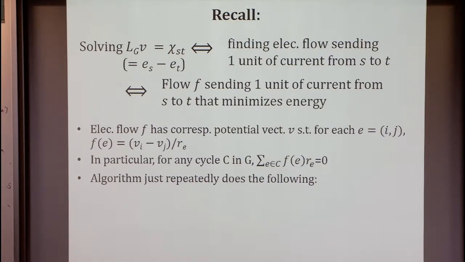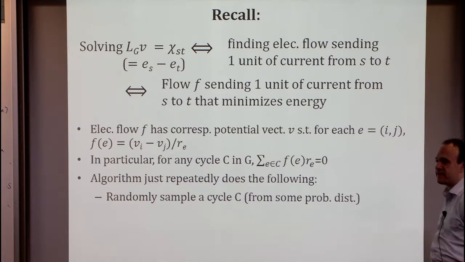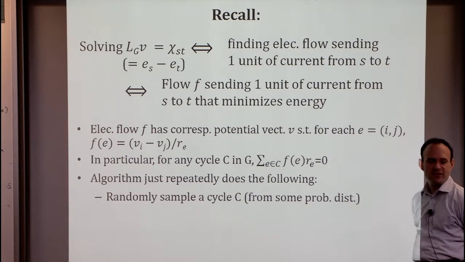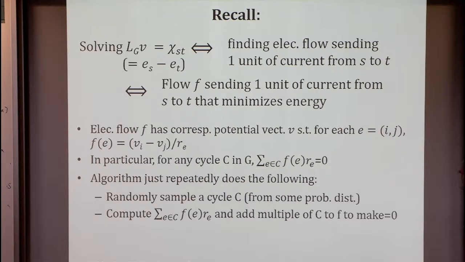So all of the recursive preconditioning is going to get replaced with the following algorithm. Randomly sample a cycle C from a distribution I'll tell you about shortly. Check if when you go around that cycle, your flow is consistent. We're going to try to, instead of finding the potentials, find the electrical flow.